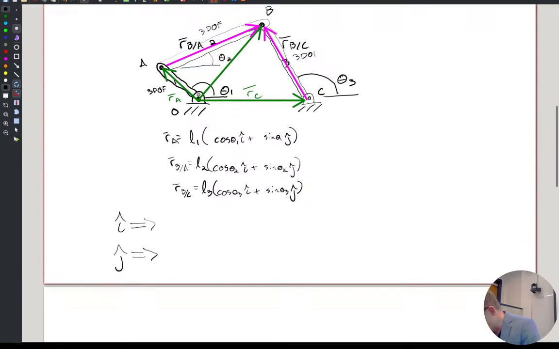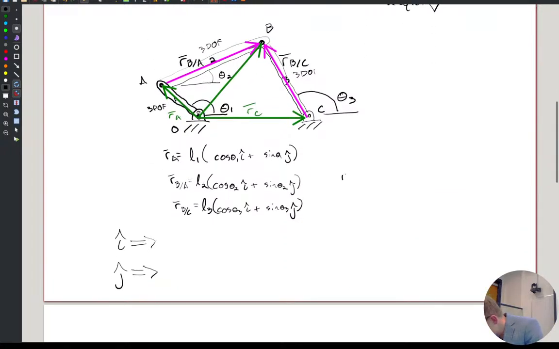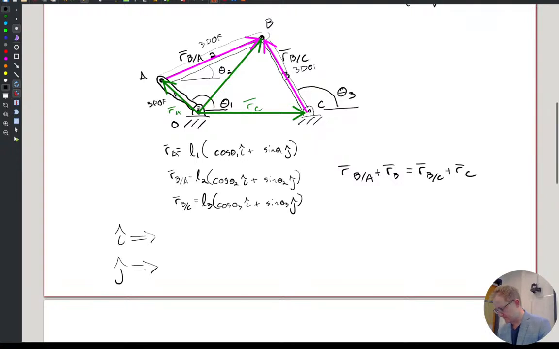And remember our... and then I guess we'll put RC on there so everything's in one location. So try this out. Try adding up just the I parts and then just the J parts. And we'll see what equations we come up with.